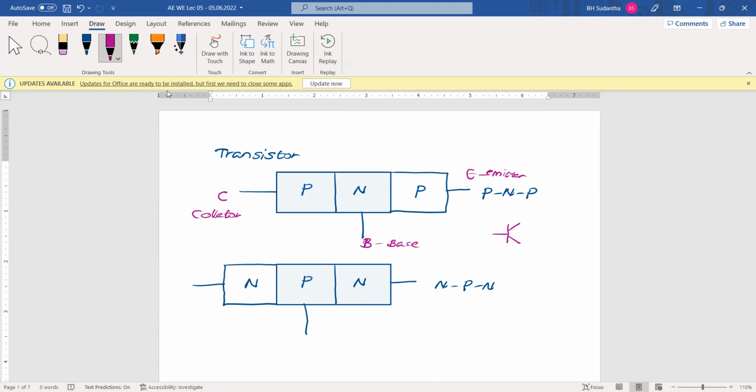Here this is the PNP one. This is base, collector, and emitter. This one, the arrowhead is going away. This is base, collector, emitter.